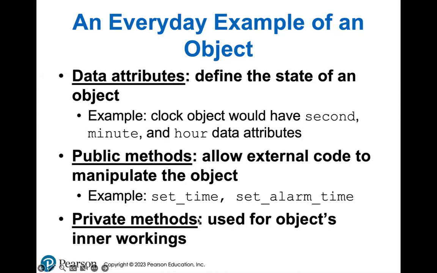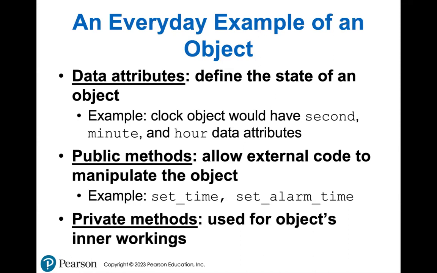Now, there are two different kinds of methods that you can use within your object. These are either public methods or private methods. Public methods are those methods that will help any external code, so anybody who's outside of that object, communicate with your object and with the data attributes of that object.